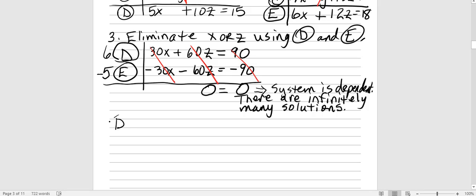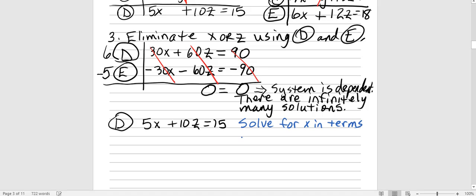So I'm going to go to equation D. 5x plus 10z equals 15. And I am going to solve this for x in terms of z. So I'm going to subtract 10z from both sides of the equation.